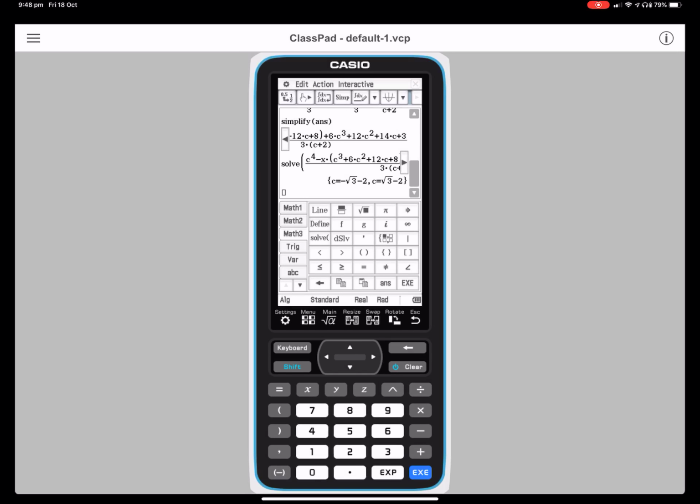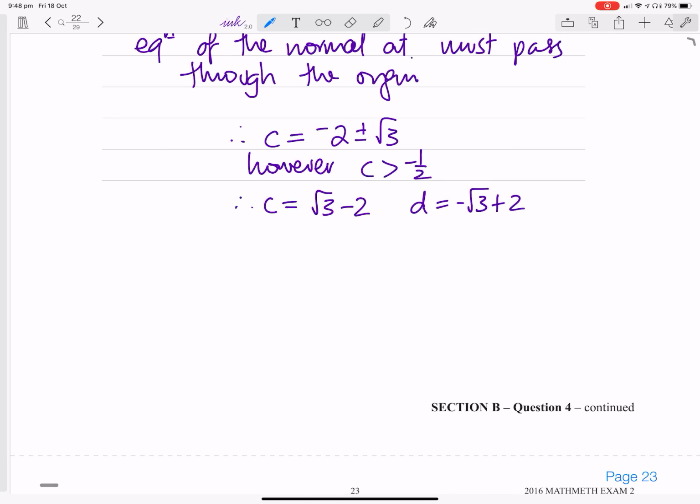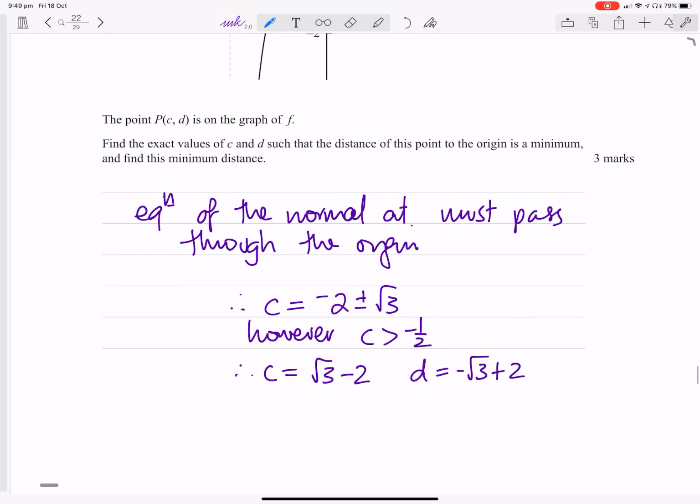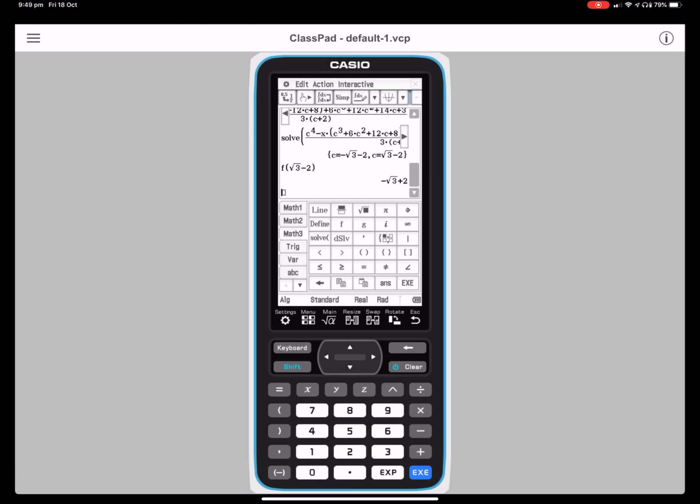So if c is equal to root 3 minus 2, then f of root 3 minus 2, so d is negative root 3 plus 2, and the distance is that, because it's with the origin, with the distance formula, we don't need to do minus 0.